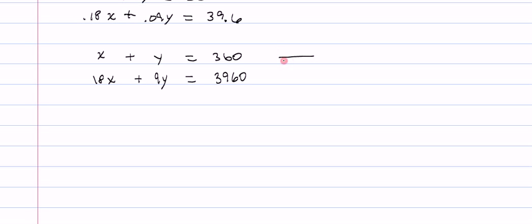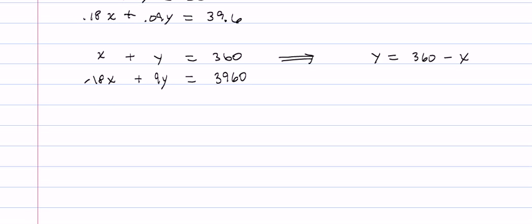Well, this equation we can solve pretty quickly for y by subtracting x from both sides. So if I subtract x from both sides of this equation, we get y is equal to 360 minus x. Same equation, just rearranged. Now I've got an expression for y that I will plug into this equation.